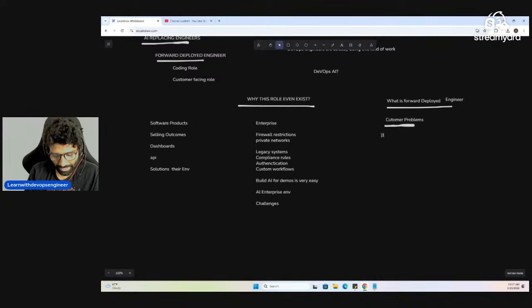In general, companies build products internally. Instead of building products internally, FDEs, as I'm calling them in short form, forward deployed engineers, try to help you with deploying systems.